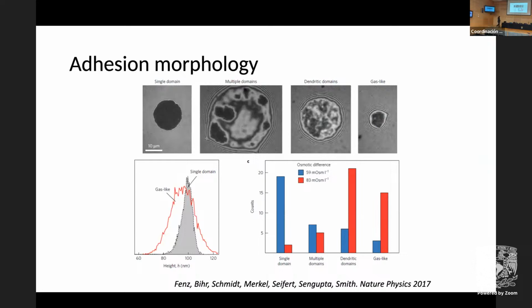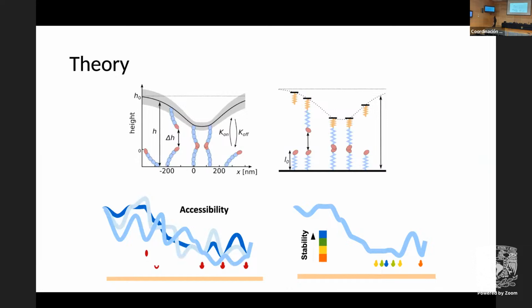So I will not go into the details of how we did the analysis and so on, because it will take too long. What I want you to appreciate is that fluctuations have an enormous impact on the adhesion of this system. First of all, because of accessibility, like what I said, if the two membranes stay apart 100 nanometers away and don't fluctuate, they will never adhere.